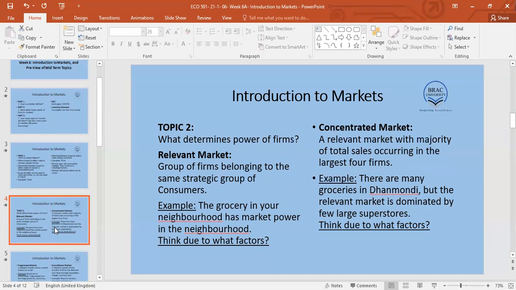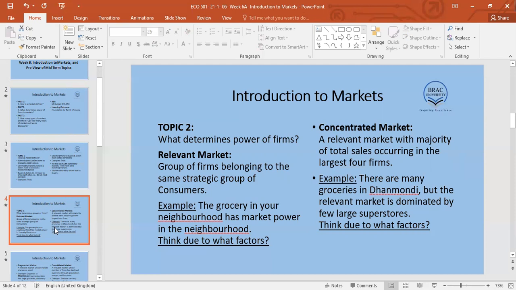Number one, what is the relevant market? One example that we've given many times throughout this course is the neighborhood grocery shop. In Bangla, we call it Mudir Dokan. Now, the grocery shop is a very small shop, and there are hundreds and thousands of groceries in any big city.